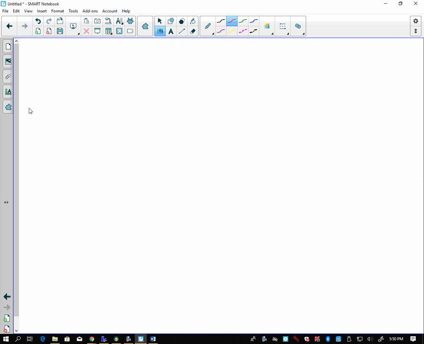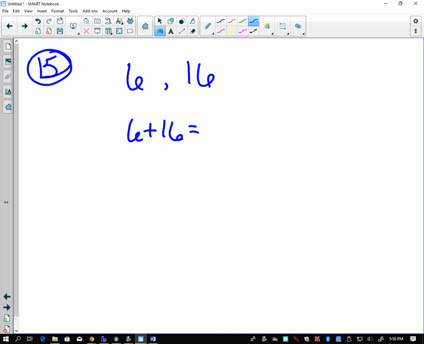Okay, 15. A lot of triangle inequality stuff in here. The lengths of two sides of a triangle are 6 and 16 inches. We want to find the range of possible lengths of the third side. So that's the exact same thing. We're going to take 6 plus 16, which gives 22, and 16 minus 6, which is 10.